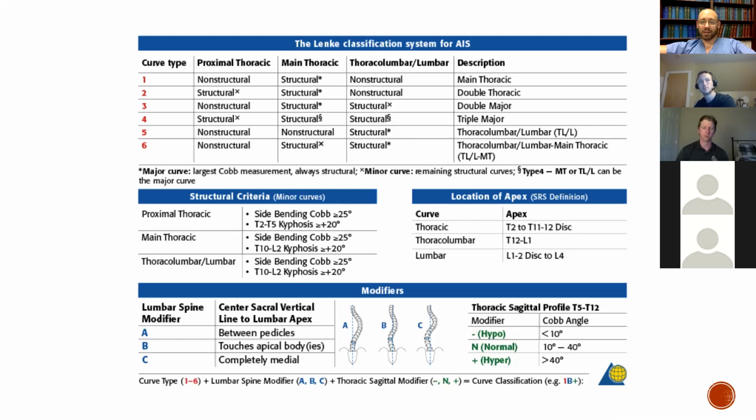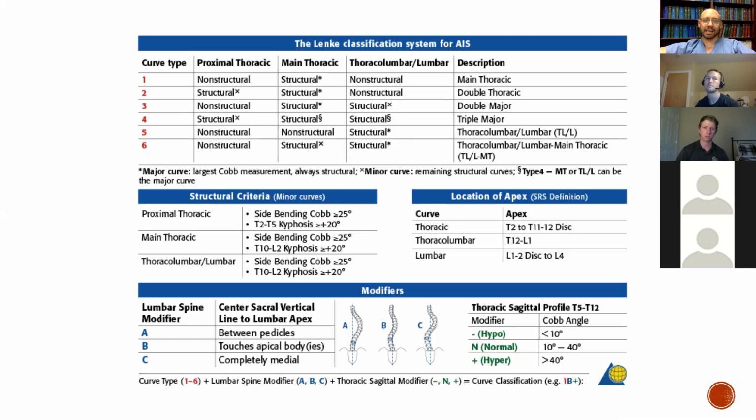You figure out a relative angle for the curve, and then you say, if it's a thoracic curve, is it levo or dextro, and by what degree? So if there are two curves, you say there's a thoracic dextroscoliosis of 26 degrees with a lumbar levoscoliosis of 20 degrees.